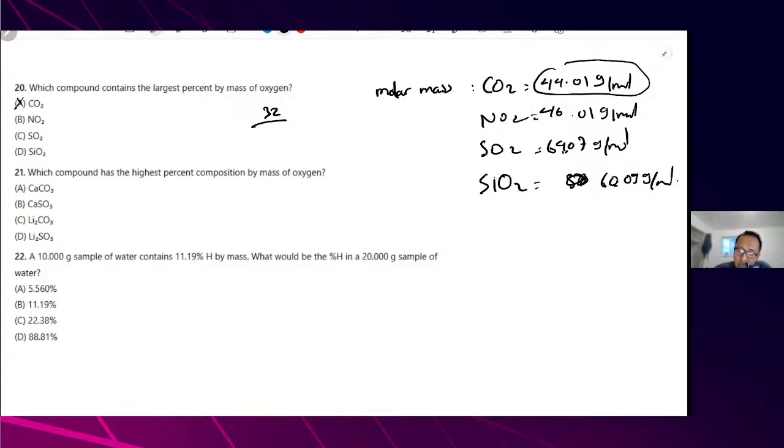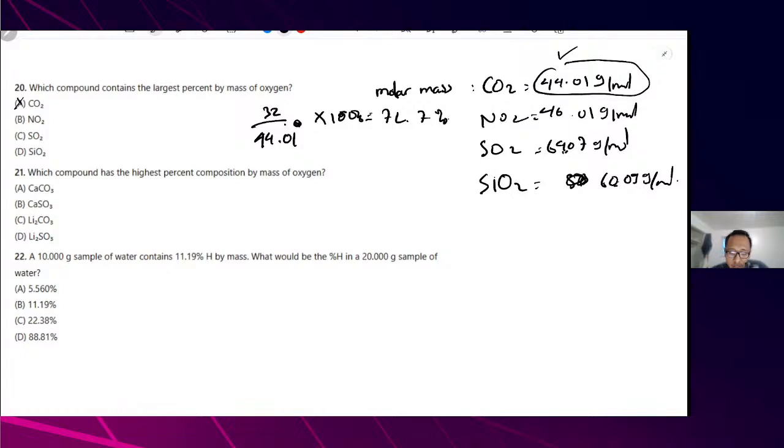So 32 divided by 44.01 times 100% gives 72.7%. Because this one is the lowest molar mass, oxygen in CO2 makes up the largest percent of oxygen. Because this is the lightest one.